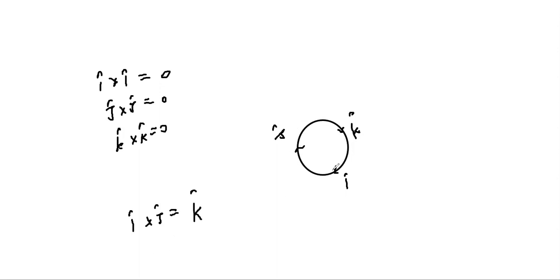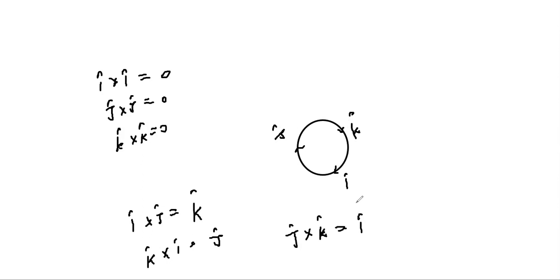Now, if you do K cross I, K cap cross I cap, you will get J cap. Okay. And if you do J cap cross K cap, you will get I cap.